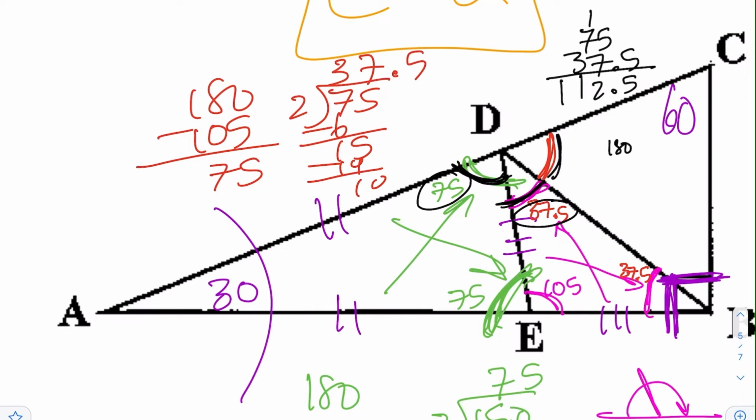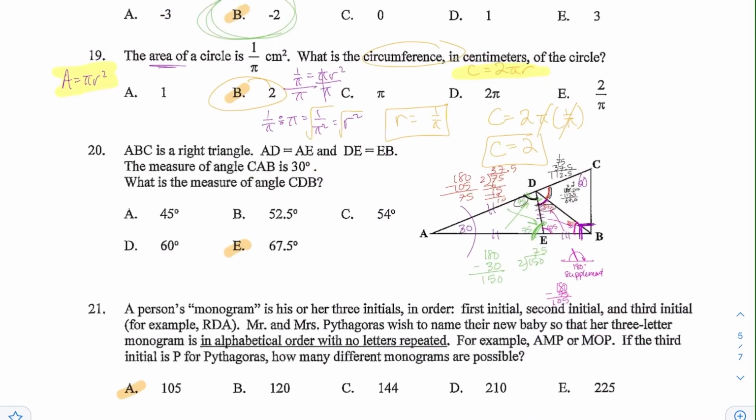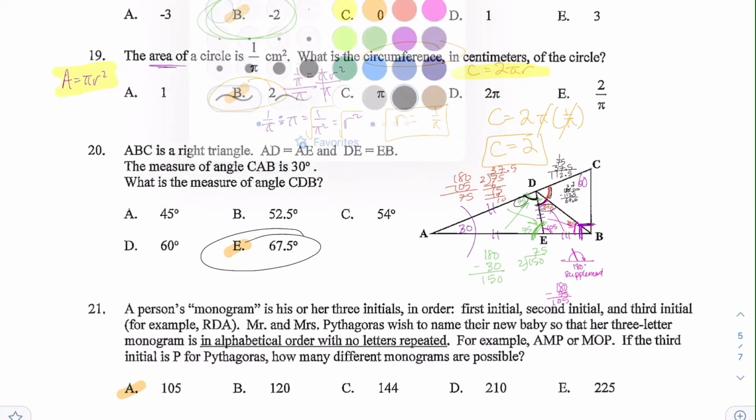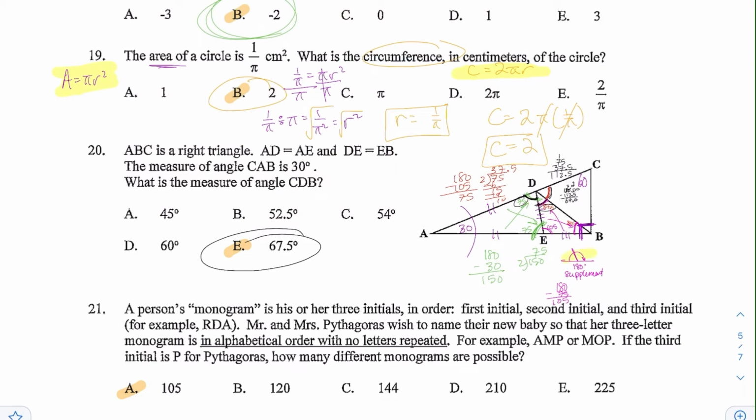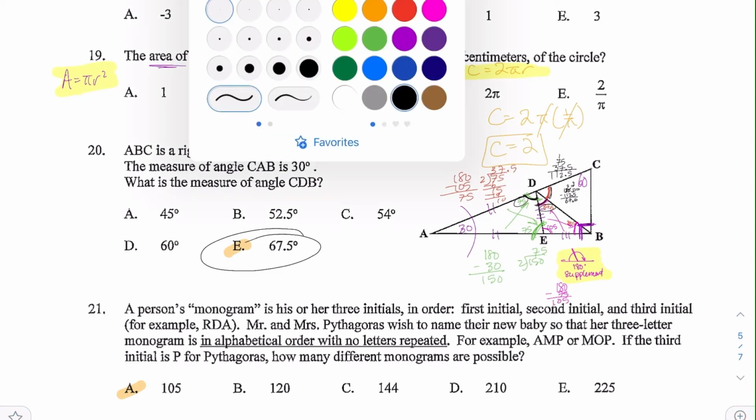And when you do 180 minus 112.5, you have 67.5. So the answer is going to be choice E. So for number 20, you have to use supplementary angles, the fact that a triangle equals 180, and a whole bunch of isosceles triangles to figure out that final answer.